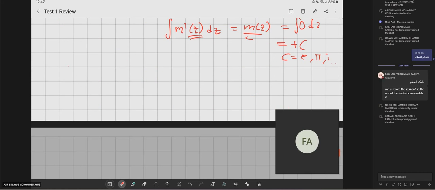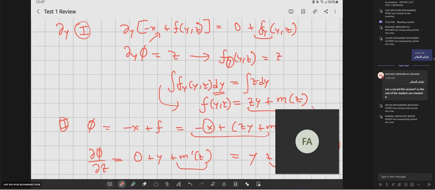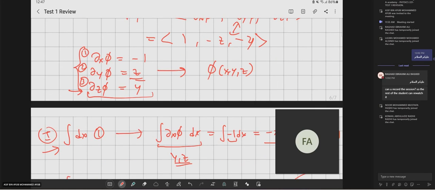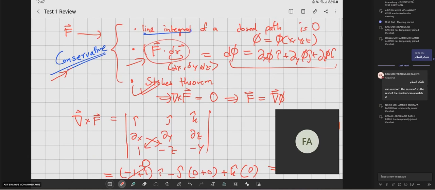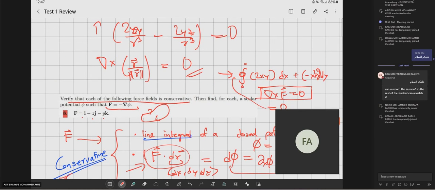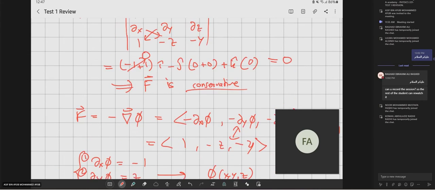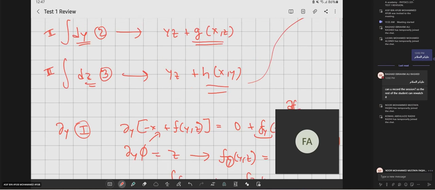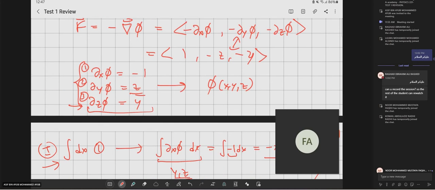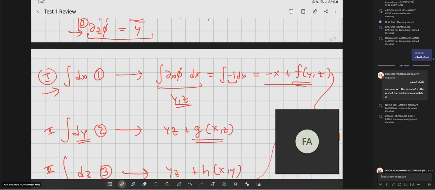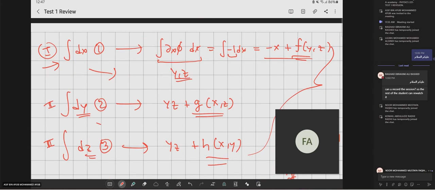So I'll have phi equals minus x plus yz plus c. This is our scalar that we are asked for in the question. Okay, so this is how you find the potential. We call this the potential phi systematically. Of course, you don't need to do all these three. You can do any two and solve for this.